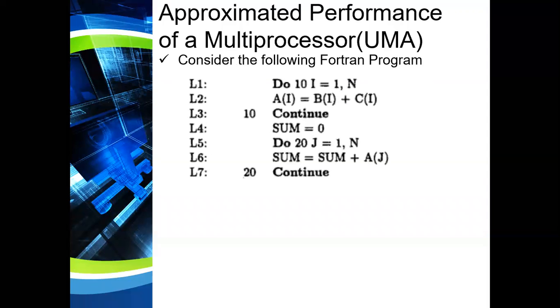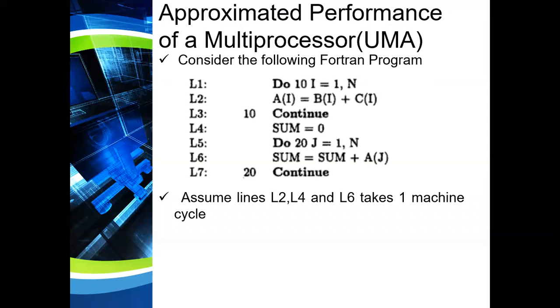These are the points we discussed in the last session. Here we took a programming segment from the Fortran language, and we mainly considered the main processing statements, the three lines L2, L4, and L6.